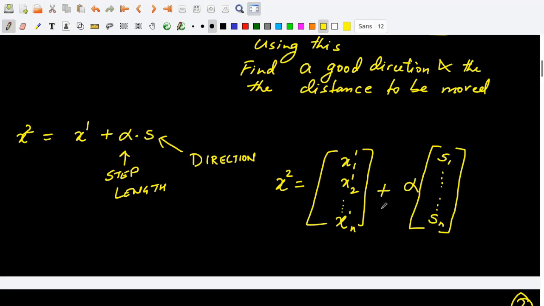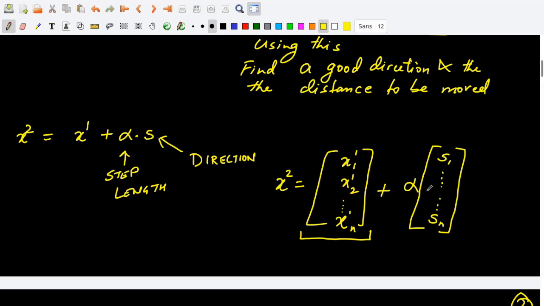So just to repeat, I am currently at x1. I know this point. I know the derivatives at this point. I don't know alpha. I don't know s. I want to choose them in such a manner so that my function value gets reduced, and I converge towards a desirable point, which is a locally minimal point.